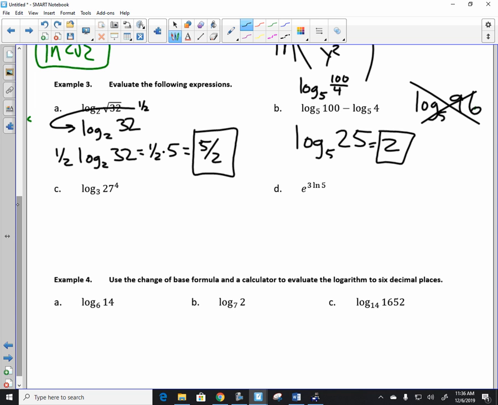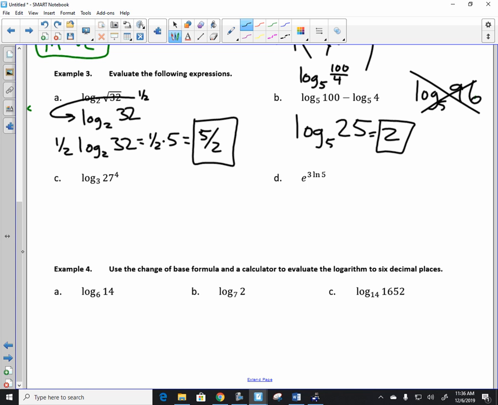What could I do for letter C? Put the 4 up front. 4 log base 3 of 27. I wish I knew what log base 3 of 27 was. It's 3. So you get 4 times 3 is 12. Oh man, look at letter D.